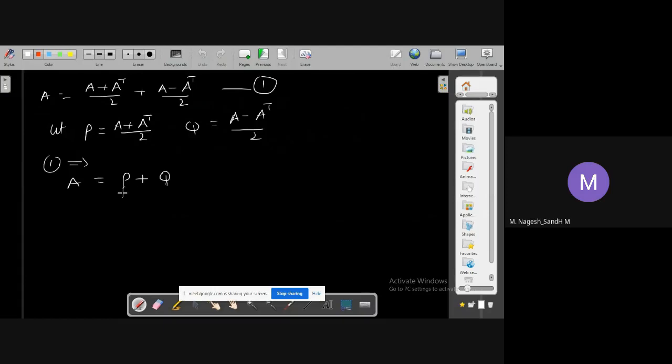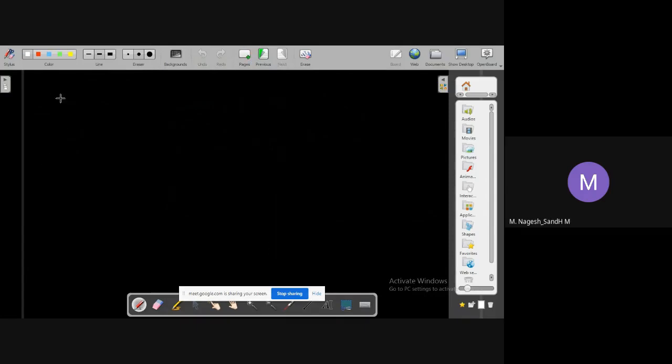Now I will prove this P is symmetric and Q is skew symmetric. So now come here. What is P? P is equal to A plus A transpose by 2. Now listen here, in the next page. P is equal to A plus A transpose by 2. Take P transpose.